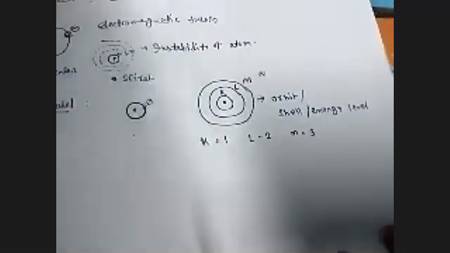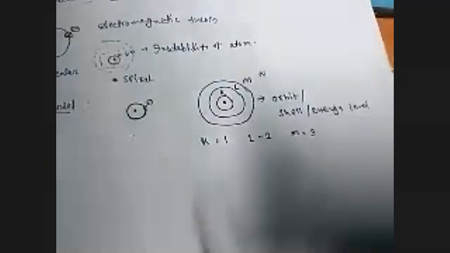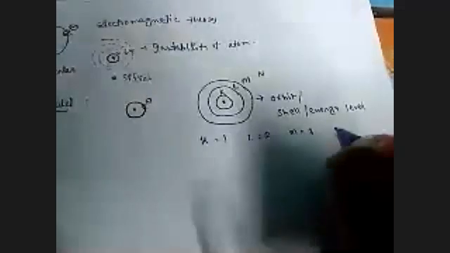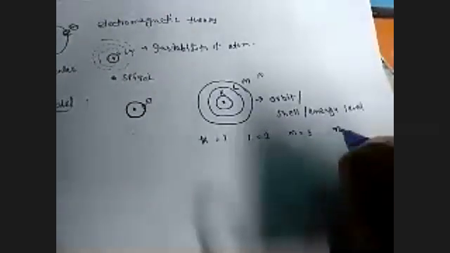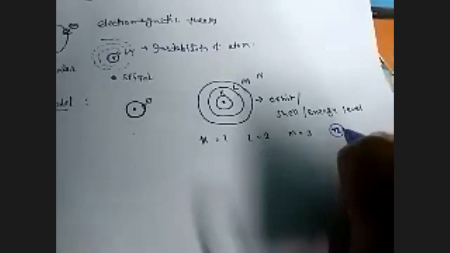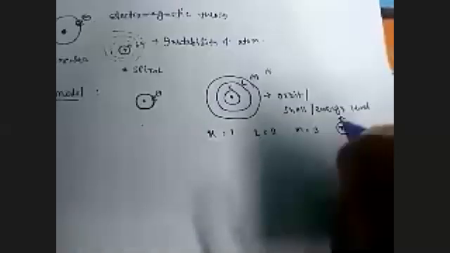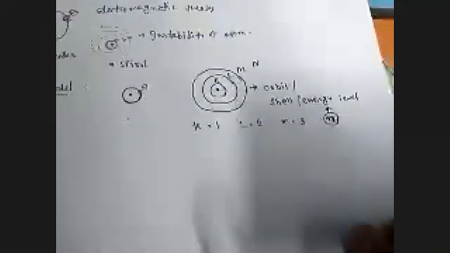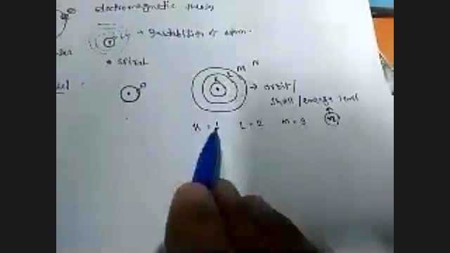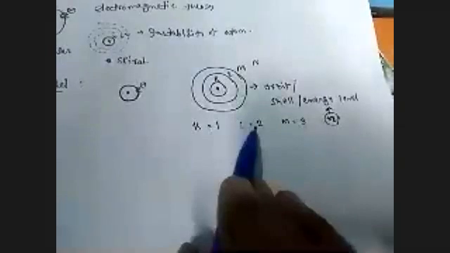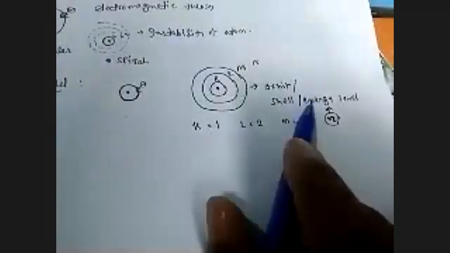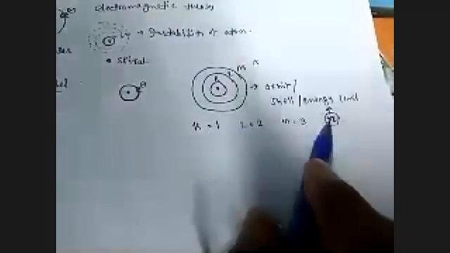These numbers were represented by small n. That is, small n is the energy level. So this is the first energy level, this is the second energy level, this is the third energy level, and energy levels are represented by small n.